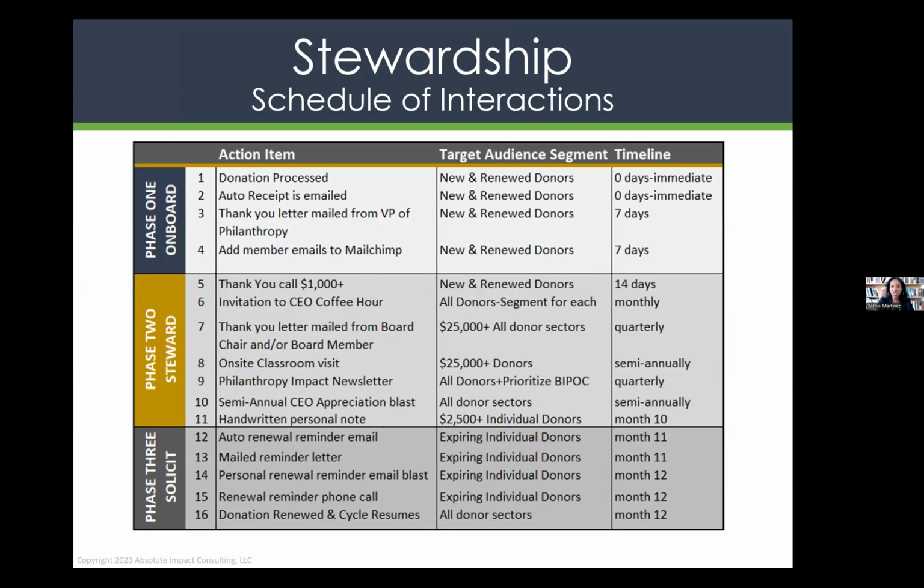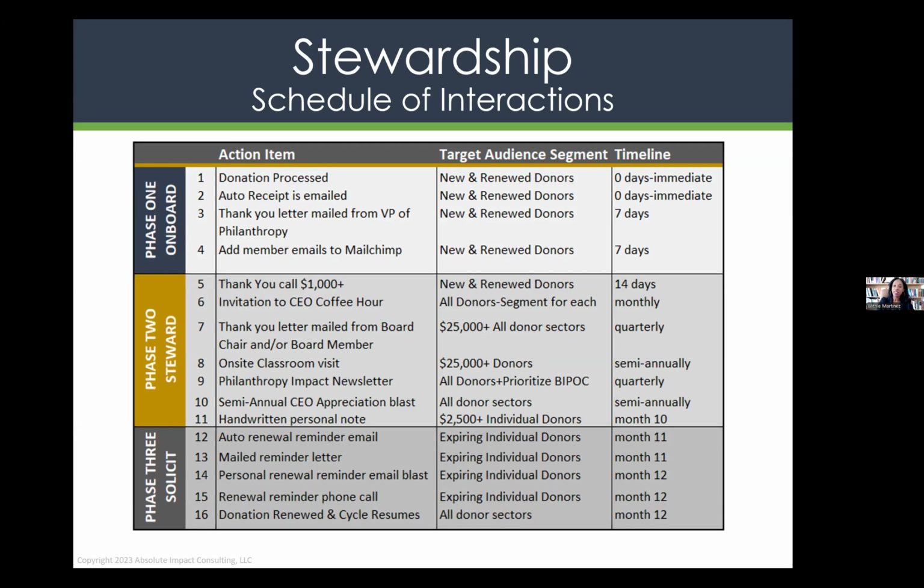So let's take a look at an actual stewardship calendar we created for an organization. This was a much larger organization. They had a full staff of 62 and a budget of 11 million, one of our outlier budgeted organizations. So they were able to carry out 16 steps for their schedule of interactions.